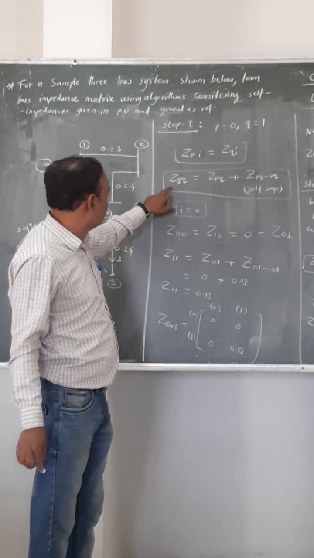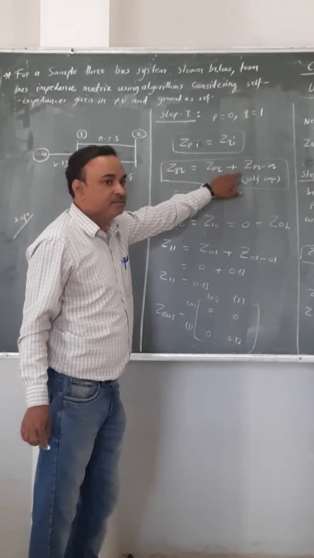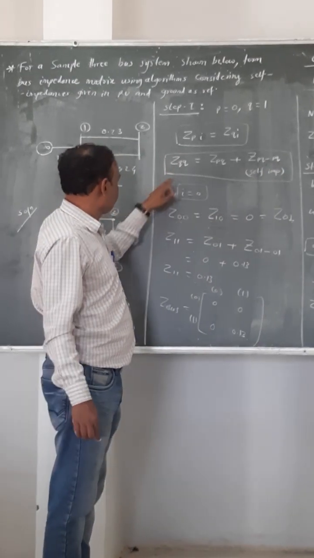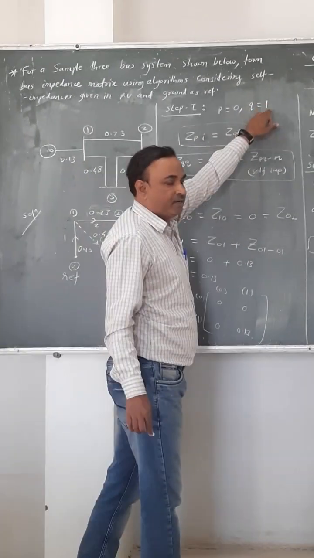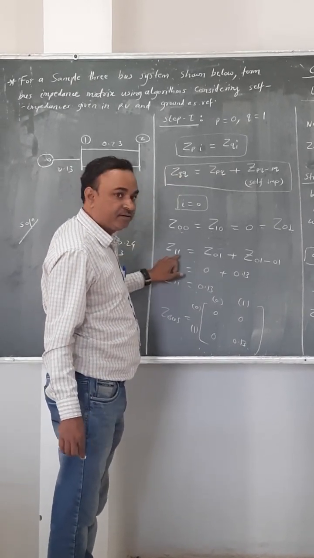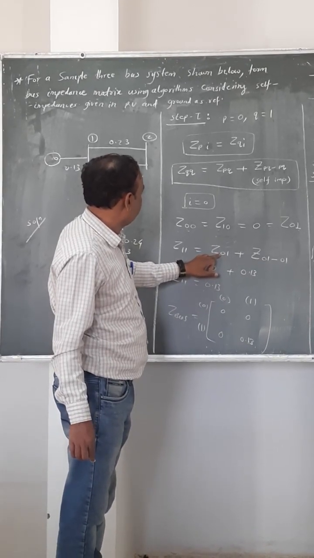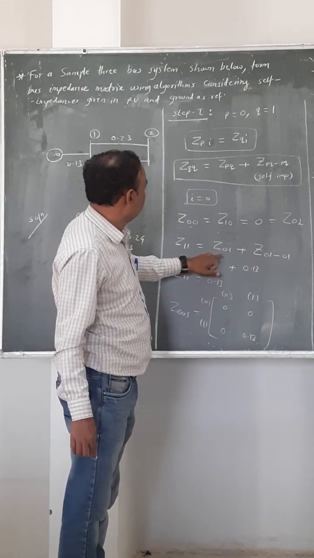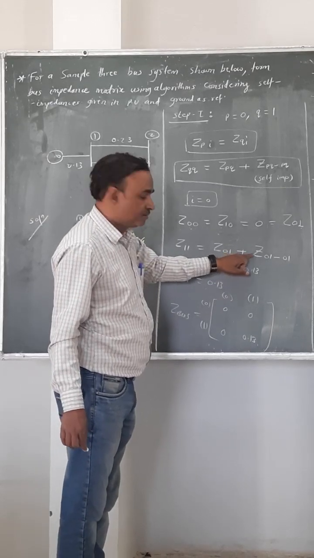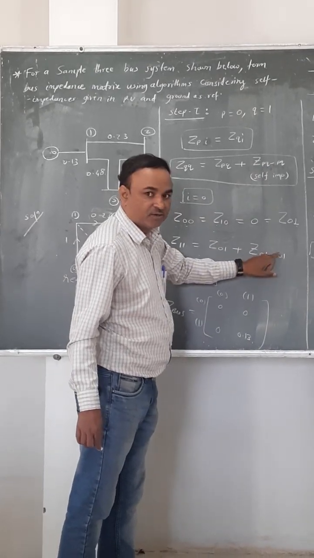Now using this second formula. What is the formula? ZQQ equal to ZPQ plus Z PQ dash PQ. So put the values. Q equal to 1, so Z11 equal to Z, P is 0, Q is 1, plus Z01 dash.